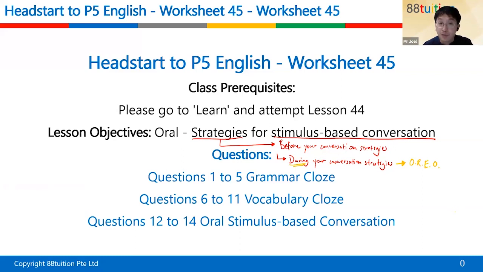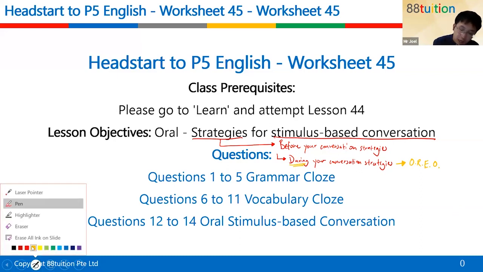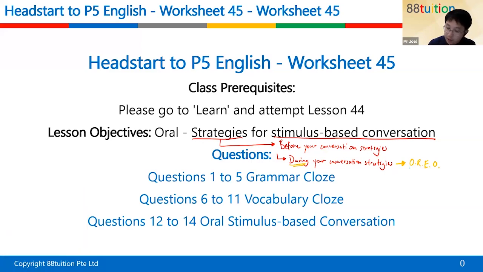Your teachers might have taught you before. It might come in a few forms. It might be Oreos with an S behind. It could be stereo, okay, or however your teachers want to spin it. But they cannot escape the main four steps, which is the O, R, E, and O later on, which I'll explain later.